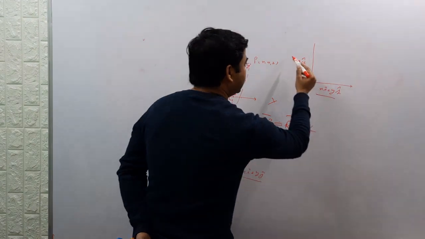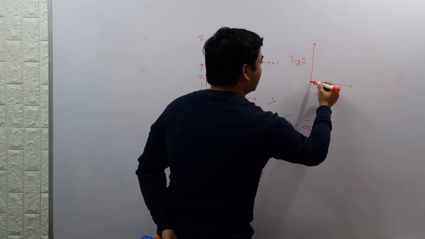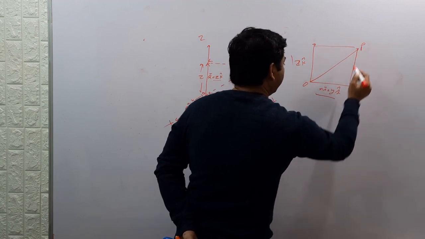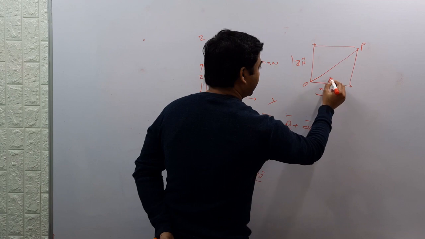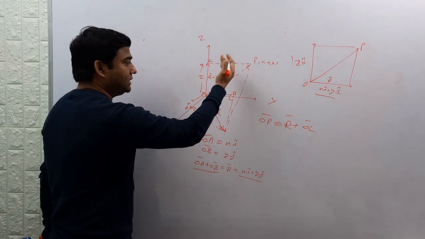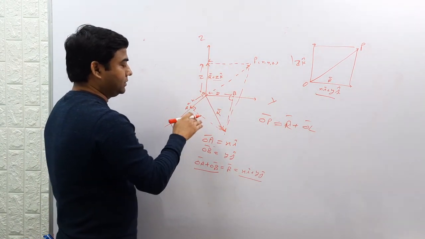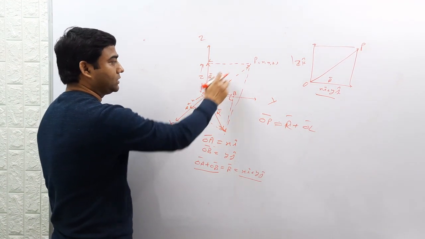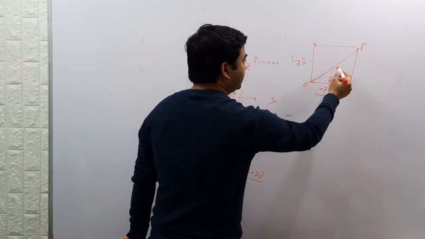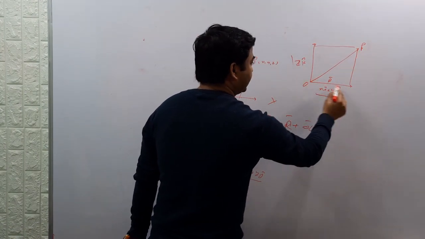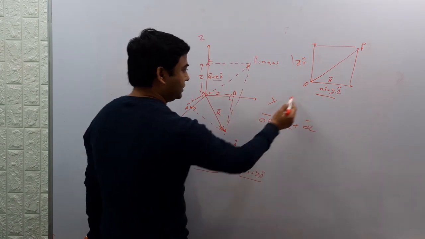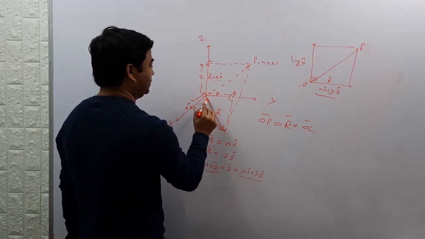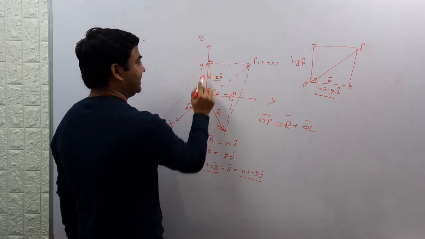So this vector is in the z direction, this is vector OP, and this vector is R. When you visualize it in the plane of vector OP and vector R, you will see vector OP, this vector R, and this perpendicular vector. These both vectors are perpendicular, zk.